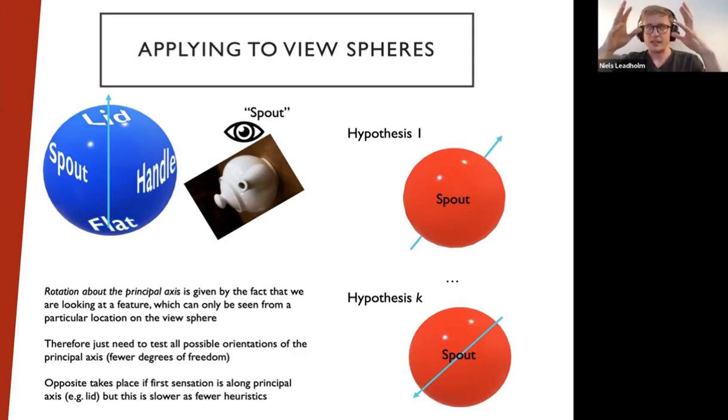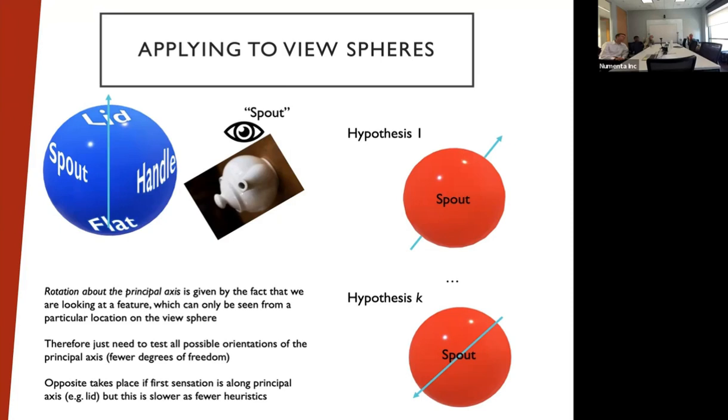and this is one of the benefits of the view spheres, because you can only see a feature from one particular side. Then as long as you have an estimate of the axis, which again could be wrong, seeing a feature is going to give you some information about the rotation about the axis. But isn't that the same problem as the whole object?